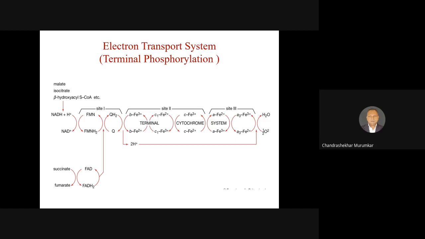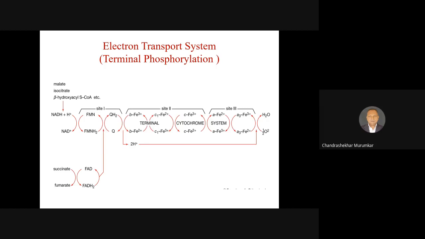Now there are four distinct sites which are involved. The first site, as you can see in the image, contains a fragment of a polyphenolic compound, FMN, that is flavin mononucleotide, and a cytochrome Q. They are forming one separate site.